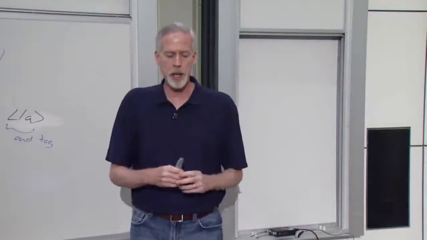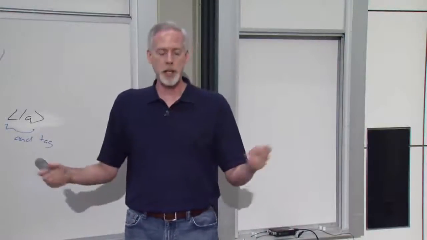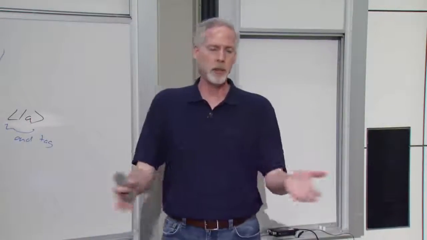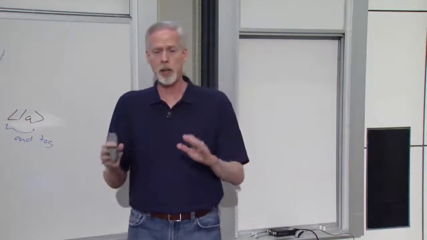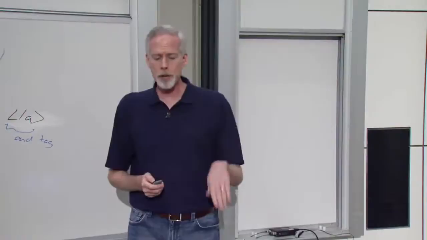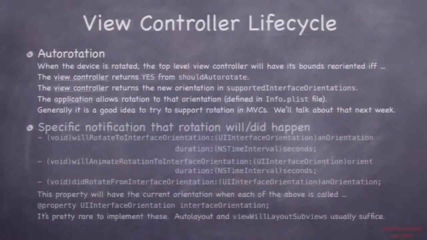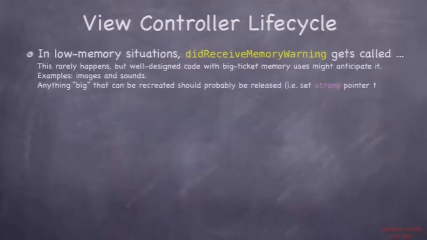And if you do all these things, then when the device rotates, the bounds of your view will automatically be changed and you'll get the whole viewWillLayoutSubviews, viewDidLayoutSubviews, auto layout, all that happening. There are also methods that get called. I put them in gray here because we're not really going to look at them. They're rarely needed. Auto layout and viewDidLayoutSubviews are usually going to cover everything you need. But if you wanted to get involved in the animation of the rotation, it's all possible, but we're not really going to look into that.